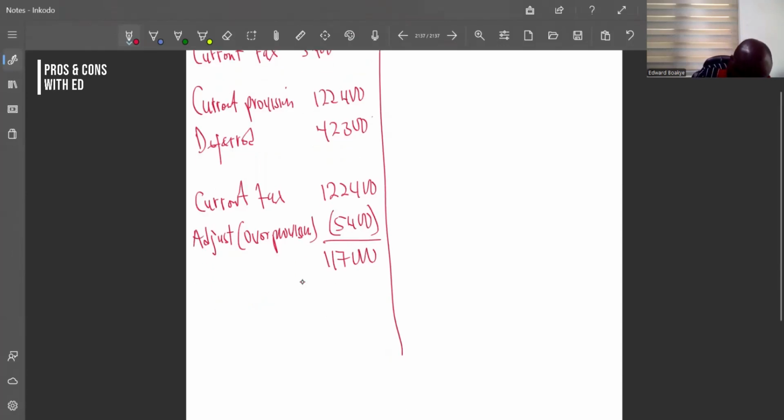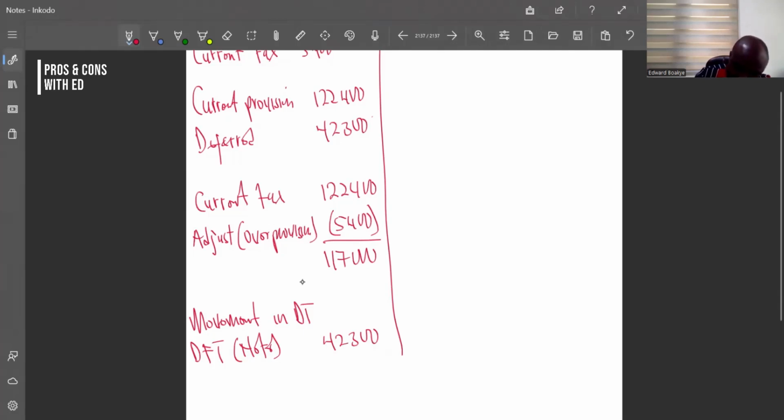Movement in deferred tax. This year we have accumulated up to what? 42,300. So deferred tax based on our notes is 42,300. That's the accumulation for this year.